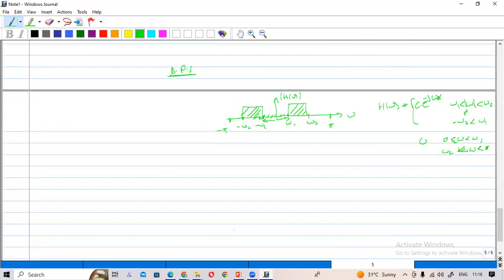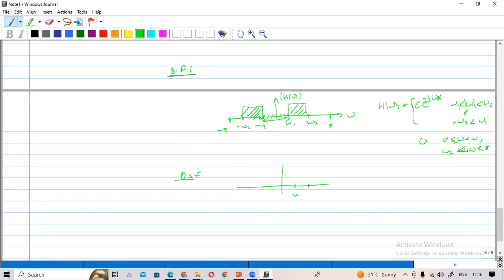Then the band stop filter, this is the ideal one. That means it stops a specific frequency range like this. So between omega 1 and omega 2 it is stopped and the others pass, up to plus omega 5 and minus omega 5.